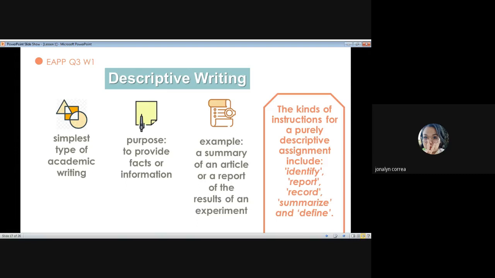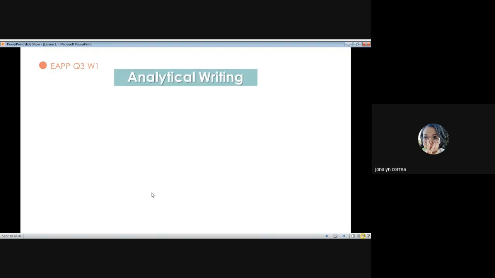More on college and university, it is very rare. So researchers' papers or texts at our level are usually not purely descriptive, it is rare. So the assignments that are purely descriptive are very limited. So, let's learn the three more types of writing.